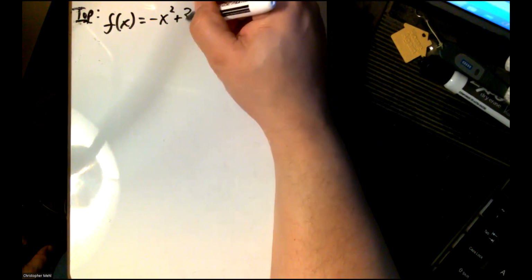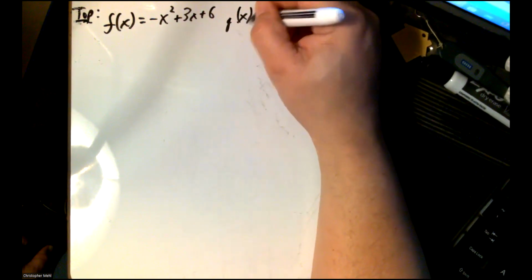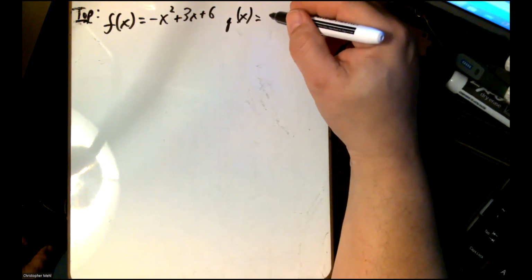Okay, next example. We want to find the area of the region bounded by the graphs f of x equals negative x squared plus 3x plus 6, and g of x equals the absolute value of 2x.